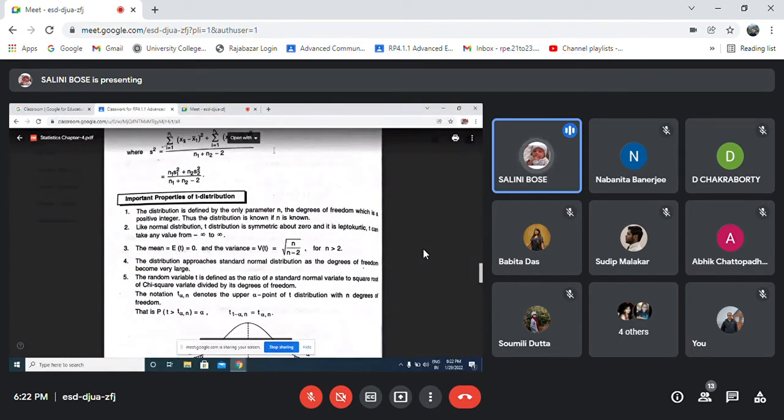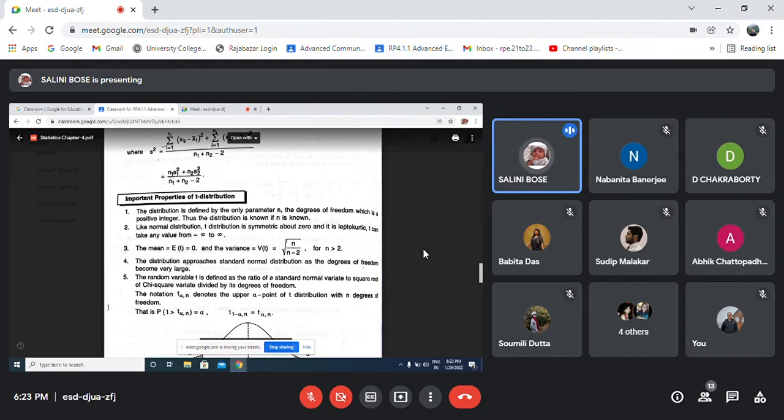And remember, the population from which you are taking the samples is a normal population. That is why the T distribution follows a normal population. And when the number of degrees of freedom is increased, the T distribution curve approaches the normal distribution.